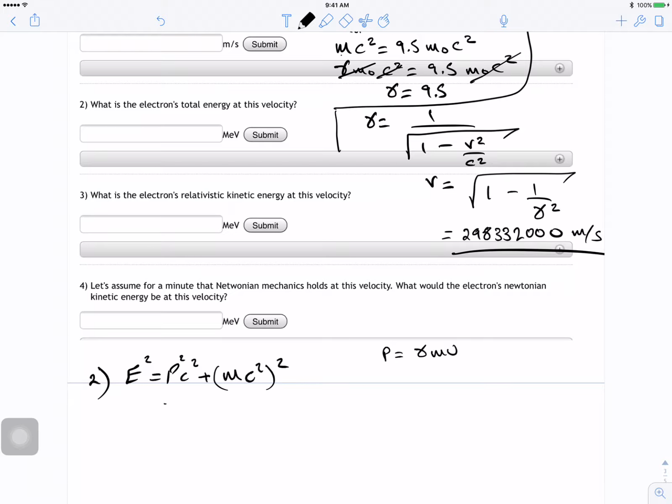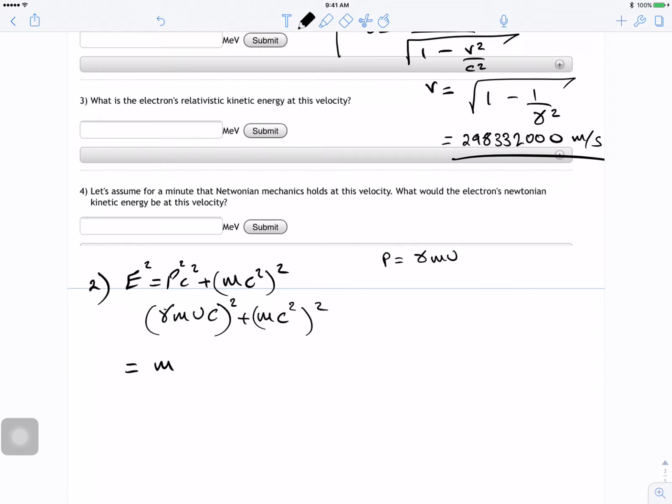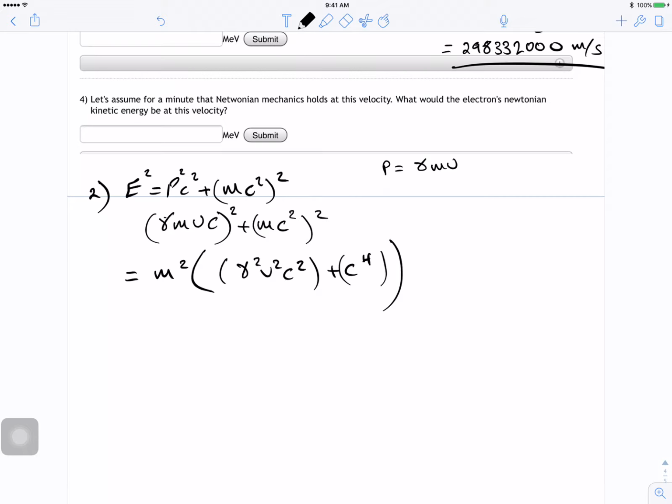So from there we get (alpha m v c) squared plus (m c squared) squared, and it's just algebra. We get c to the 4, and then take the c out, so we have m squared c squared times (alpha squared v squared plus c squared).